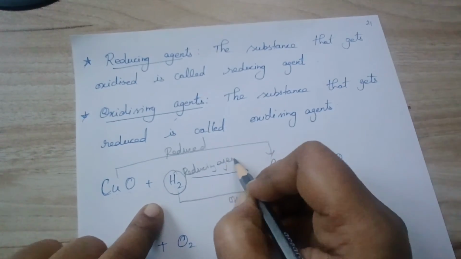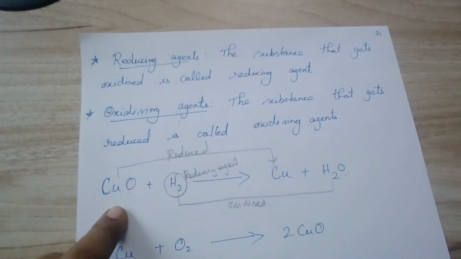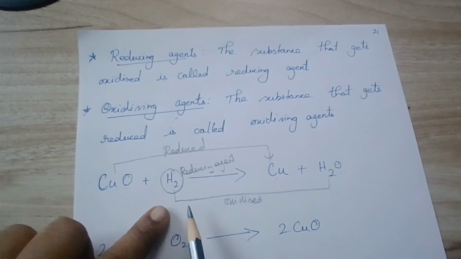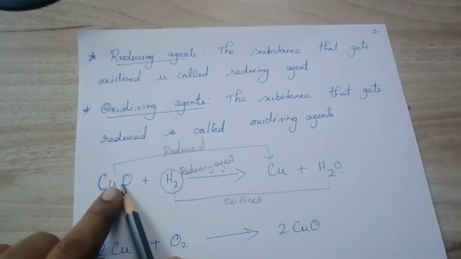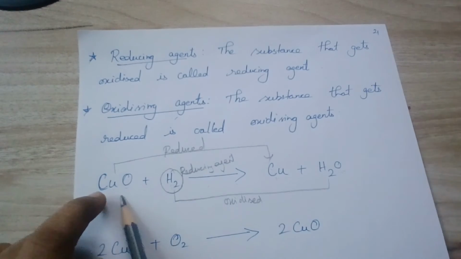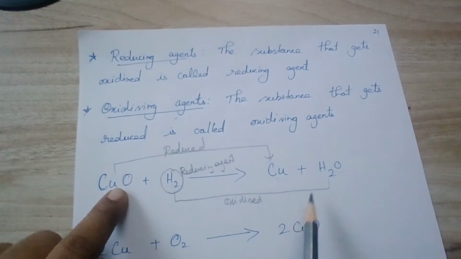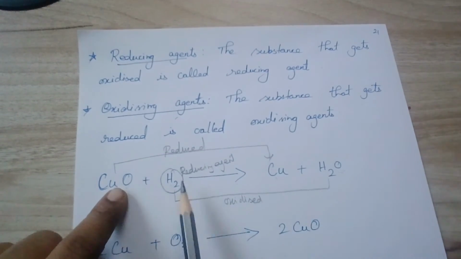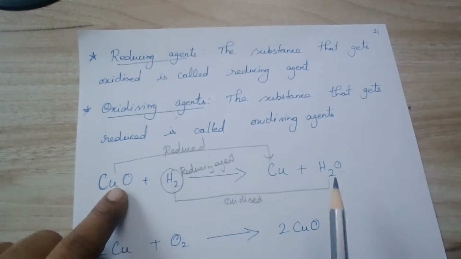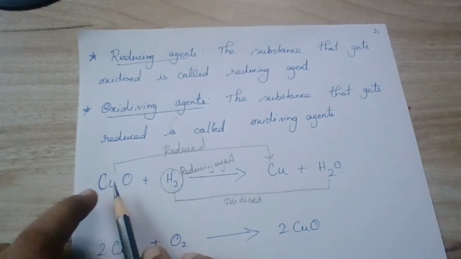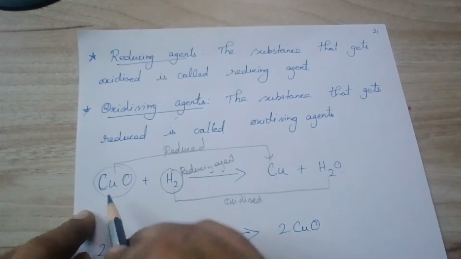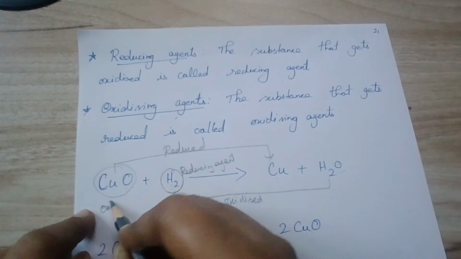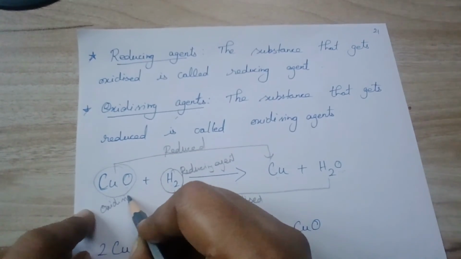Likewise, this copper oxide helps the hydrogen to oxidize. From the copper oxide it gains the oxygen, so it helps in oxidizing the hydrogen to a water molecule. So we can say copper oxide is an oxidizing agent.